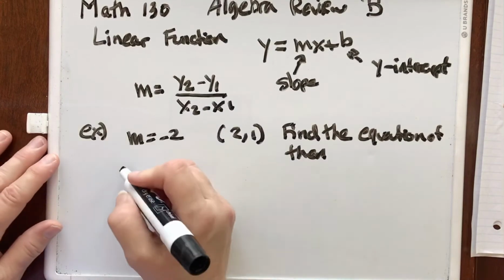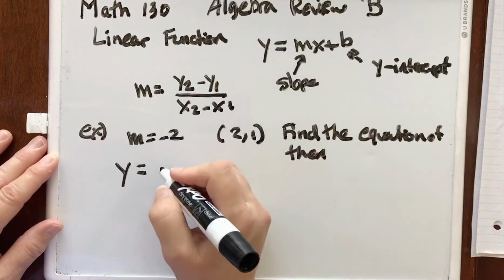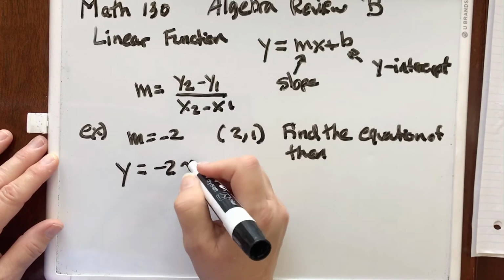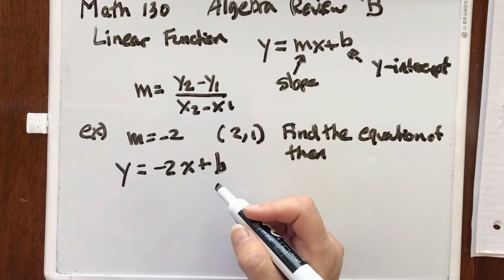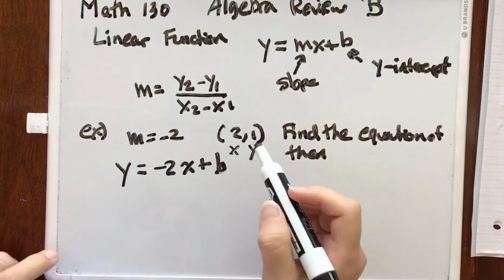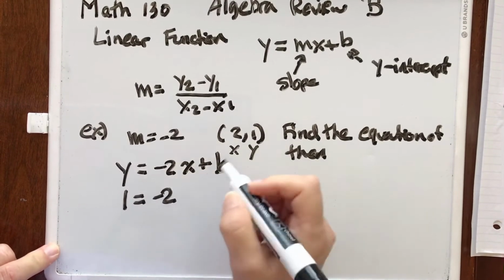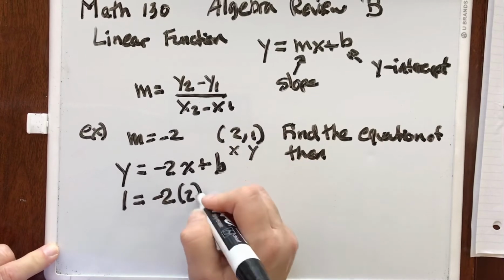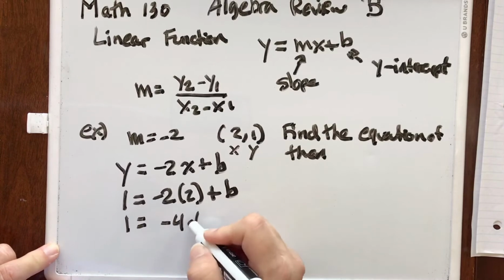Okay, so what do we know so far? We know y equals mx plus b. We know m is -2, so y equals -2x plus b. We do not know what b is, but we do have a point. This is an x and this is a y. So let's put 1 into our y, and 2 into our x, and solve for b. 1 equals -4 plus b.